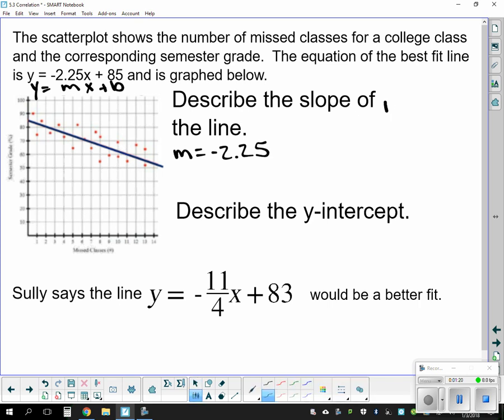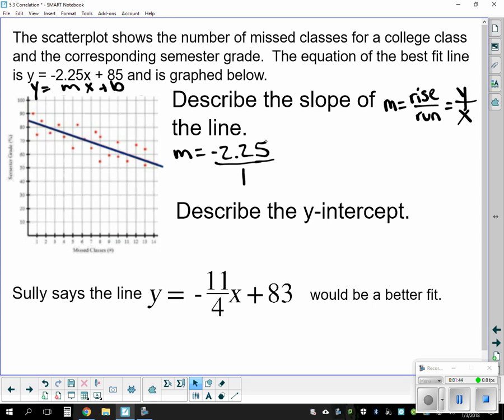Well, we know that slope is rise over run, and rise deals with the y variable, run deals with the x variable. So negative 2.25 we can make into a fraction. It's weird because it's a decimal and a fraction, but it'd be negative 2.25 over 1. We can always put a number over 1.